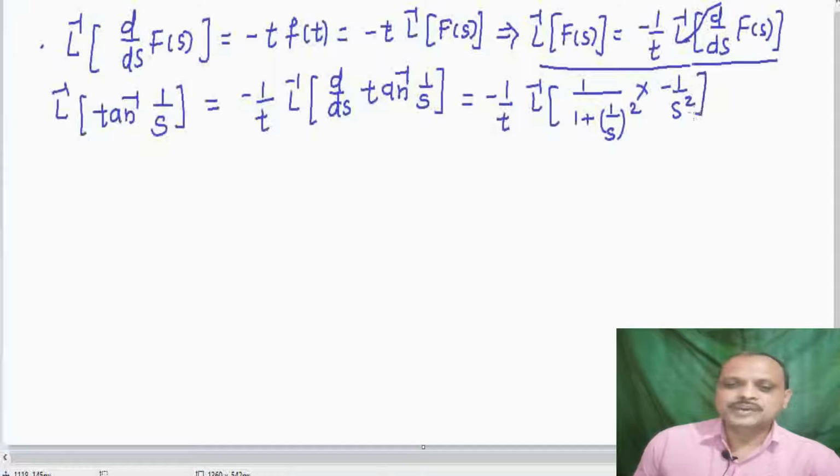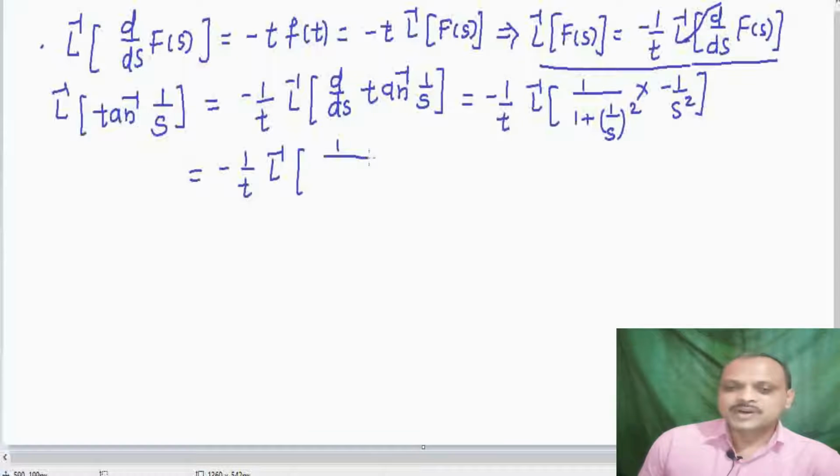Equal to minus 1 divided by t into L inverse of 1 divided by, let us simplify this, s square plus 1 divided by s square into minus 1 divided by s square. The s squares cancel, and this minus will be plus.